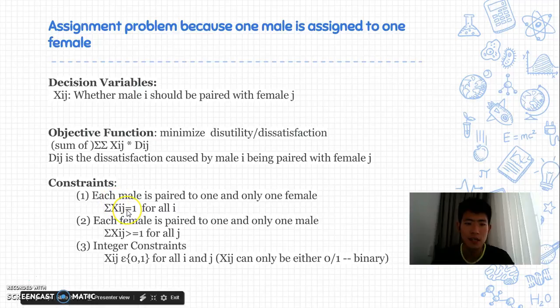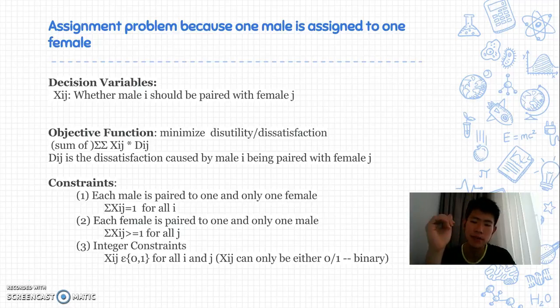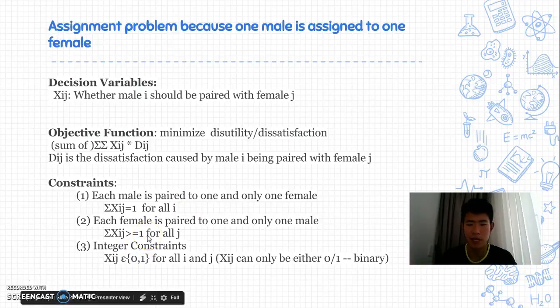After that we have constraints. Each male is paired to one and only one female, and each female is paired to one and only one male. So of course, the sum of x_ij over all j, for Donald Duck with Minnie, Donald Duck with Olive Oyl, can only be 1. Donald Duck can only be paired to one female. And the same thing goes for Minnie Mouse being paired to one male.